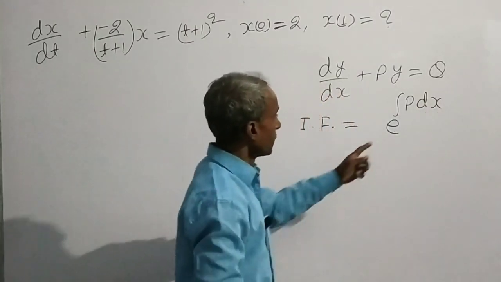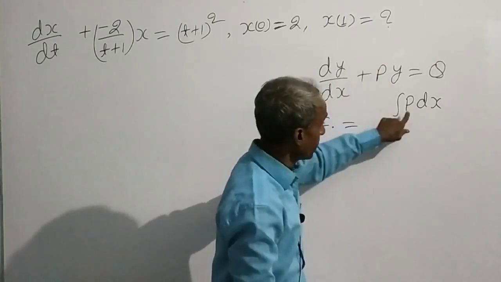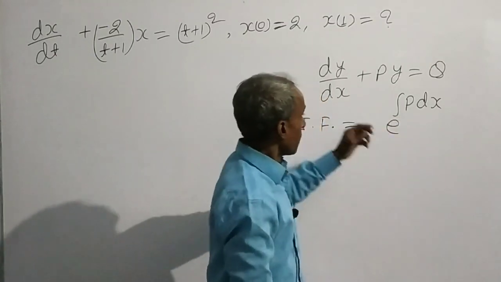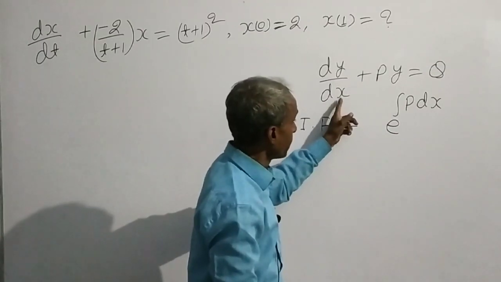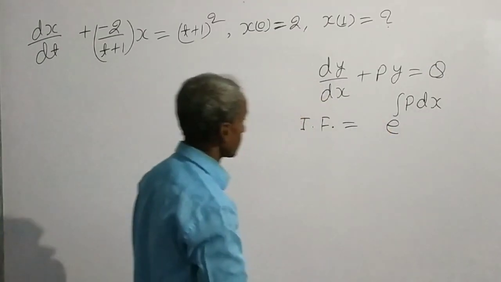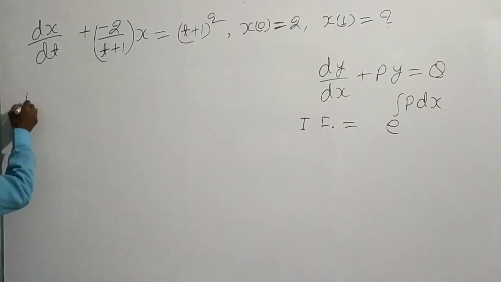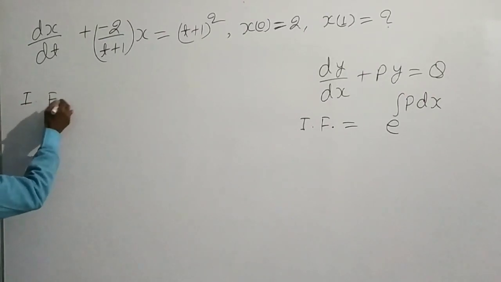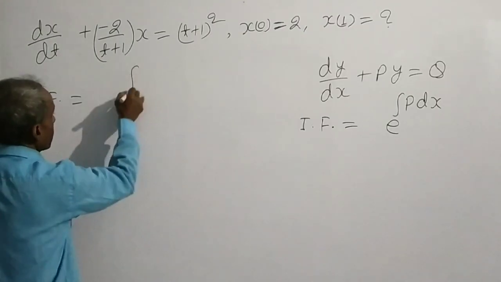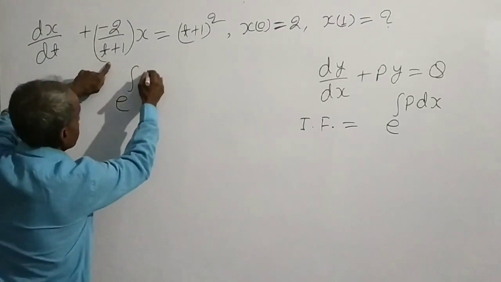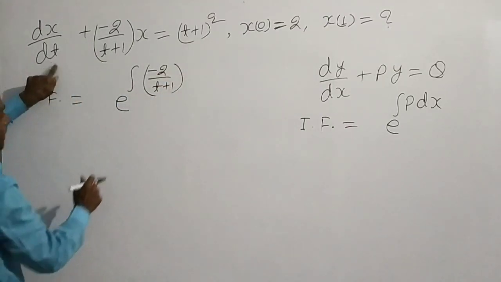That means e to the power integration of this function appearing here, and integrate this function with respect to the variable appearing in the denominator. So, here the integrating factor of this differential equation will be e to the power integration minus 2 by t plus 1 dt.